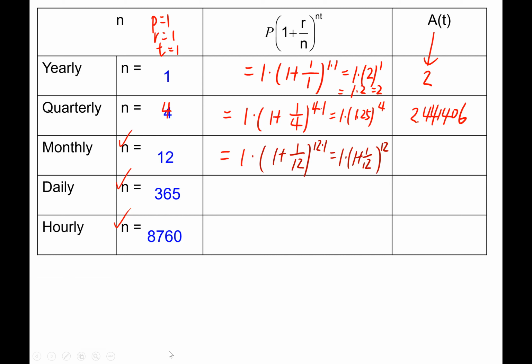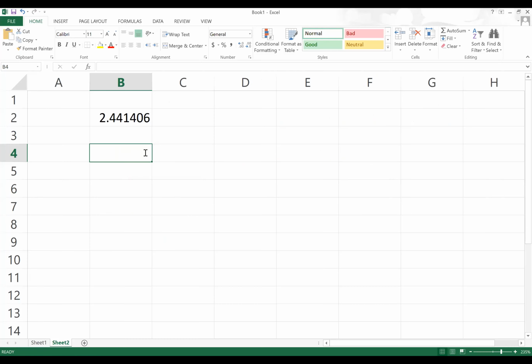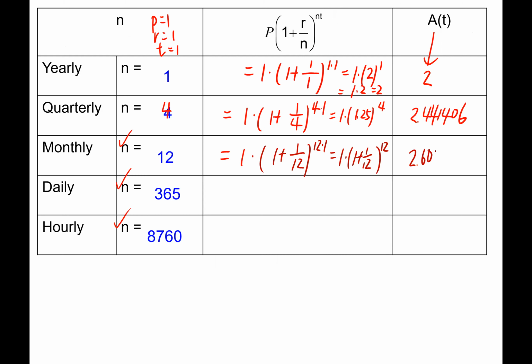One more time, if you throw it into Excel, it will be 1 times 1 plus 1 over 12 raised to the 12th power, and it becomes 2.613035.